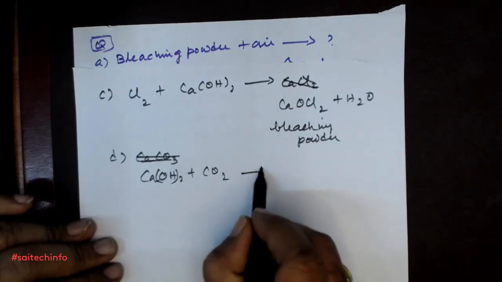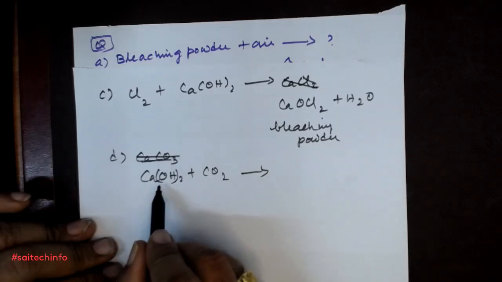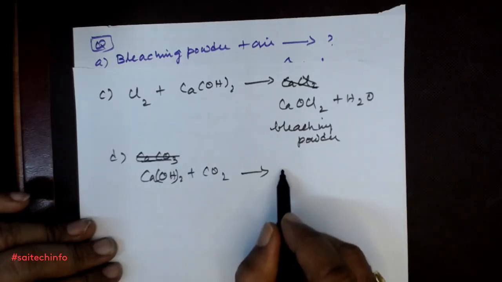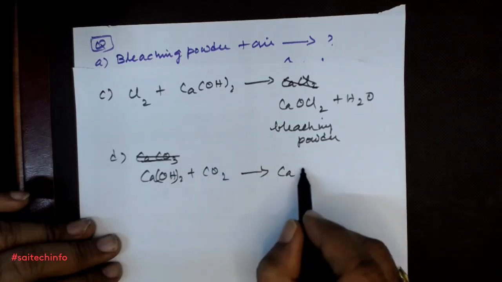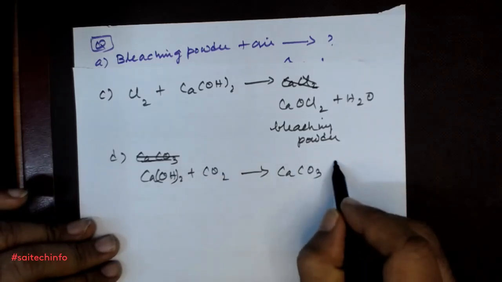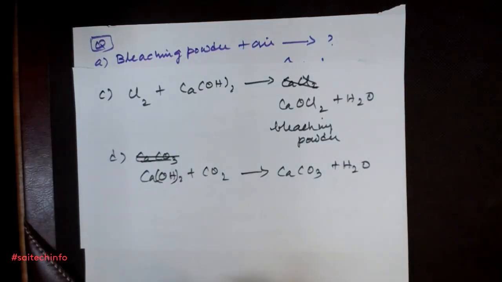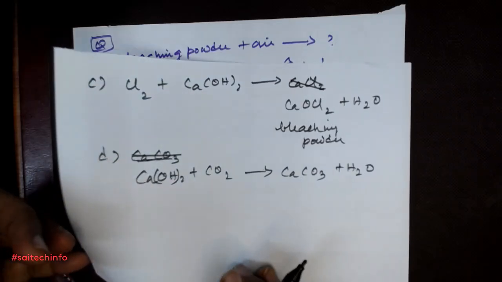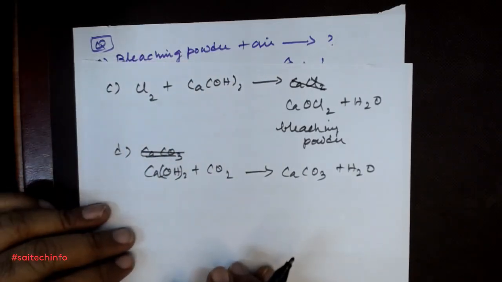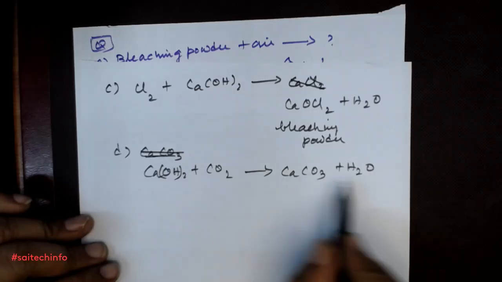So carbon dioxide gas is passed through a clear solution, and it becomes milky. That is because of the insoluble calcium carbonate, CaCO3, plus water. Already balanced.